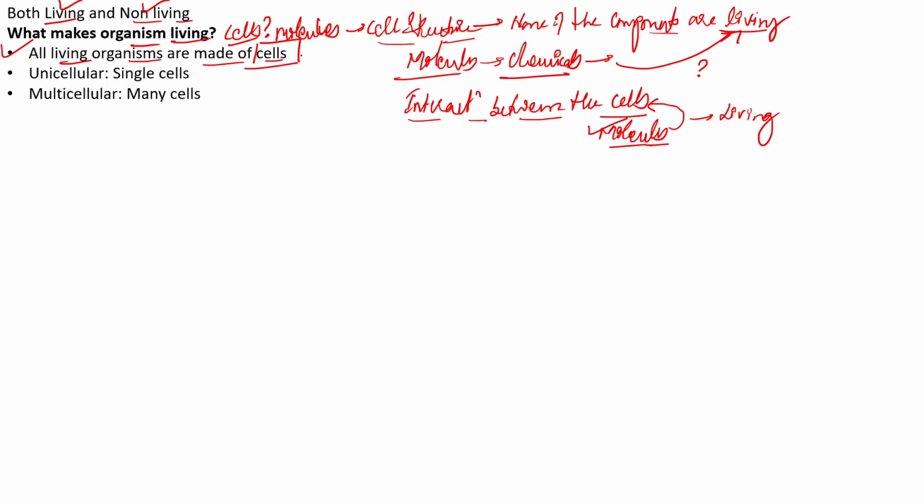However, you also see certain exceptions to this rule, and the exceptions mainly include the virus. Viruses are exceptions because they belong to the realm of both living and non-living.